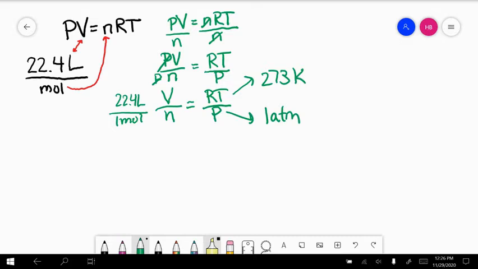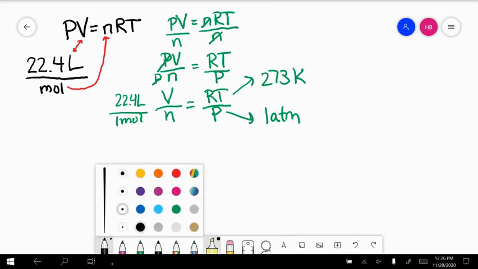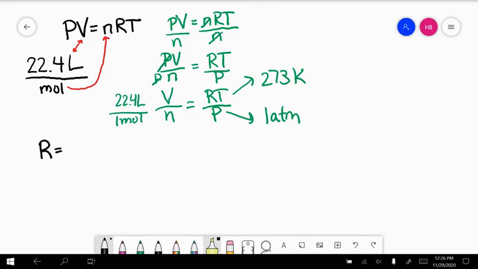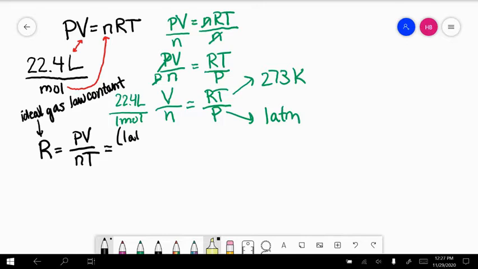I'm going to rearrange one more time and remind you where the ideal gas law constant came from, because if you rearrange this to solve for R, R is equal to PV over nT. At standard conditions, this is always going to equal the same value, which is the ideal gas law constant. So pressure is 1 atmosphere.